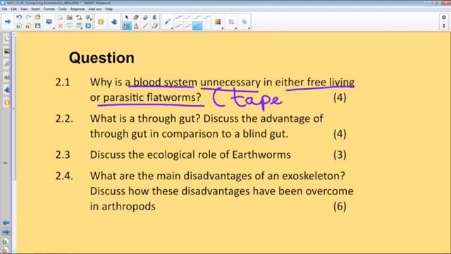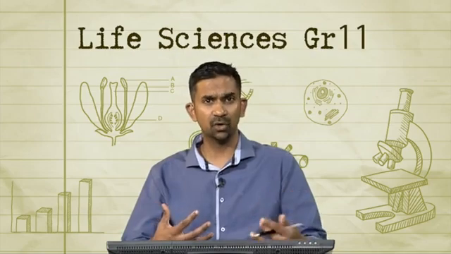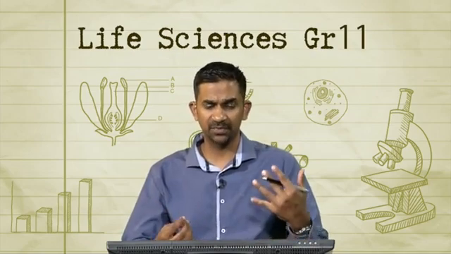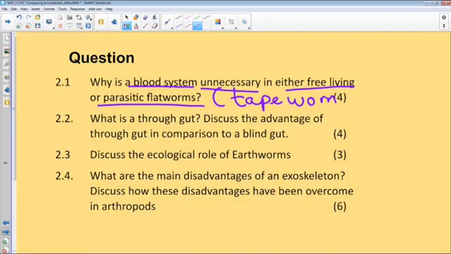If you recollect, the tapeworm is an organism that has a large surface area, and that is brought about by the flattened segments that it has, and it essentially needs to absorb nutrients through its body surface. So the question is, why is a blood system unnecessary? Why is it not needed by free-living parasitic worms?